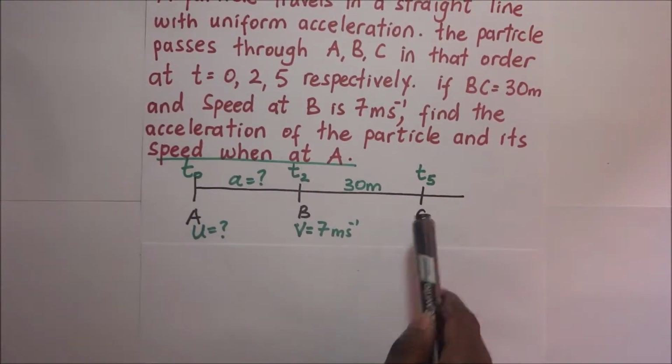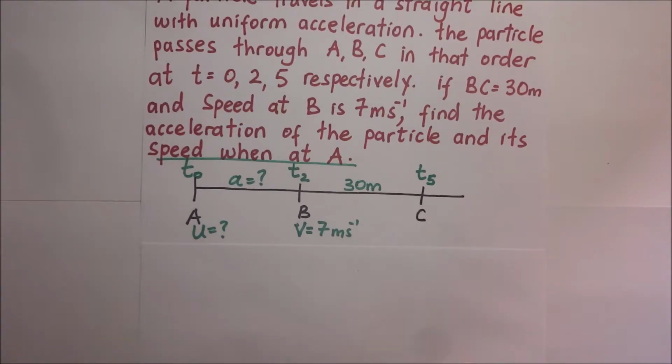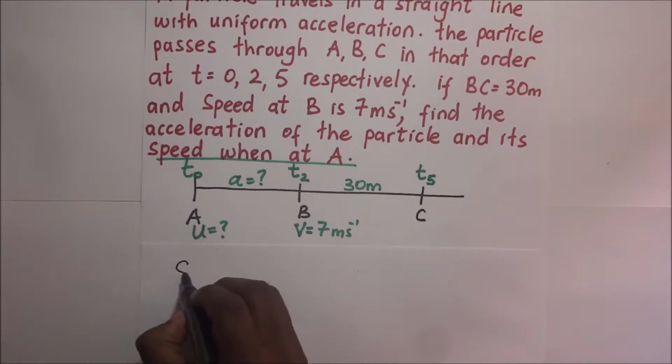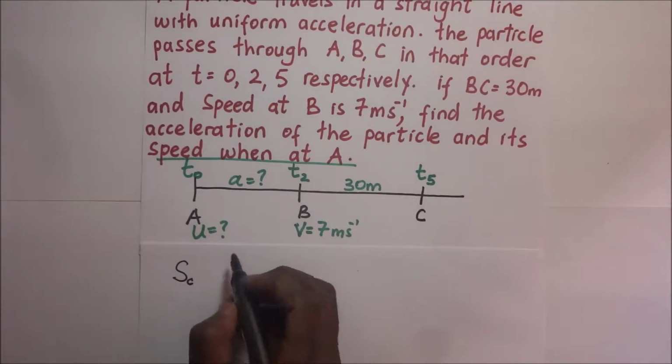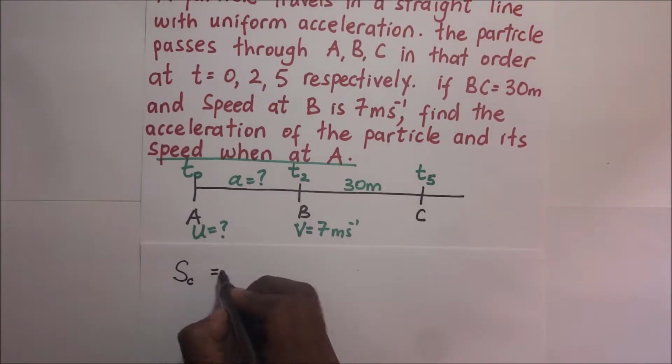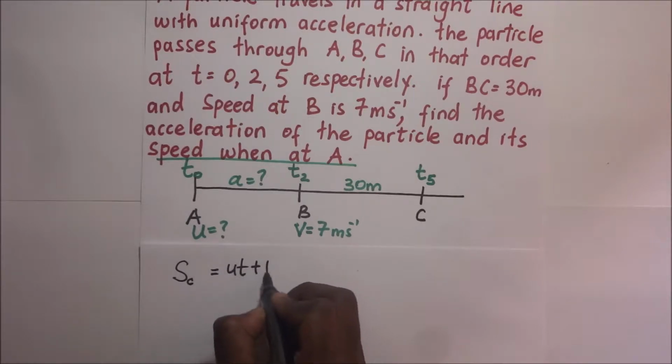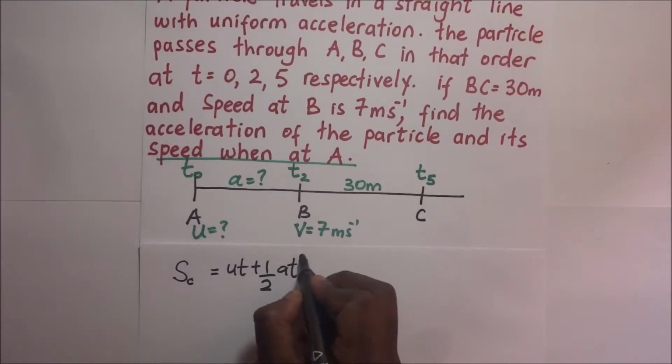So let's look at the distance covered at C. SC is going to be given by, of course, we shall be using ut plus a half at squared.